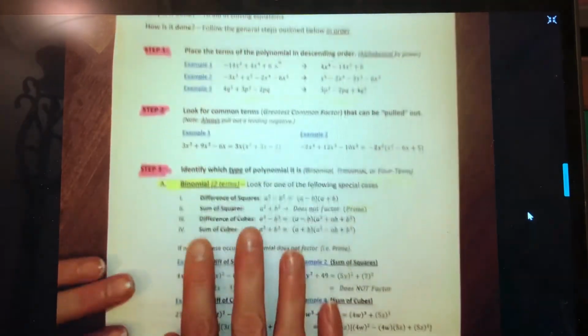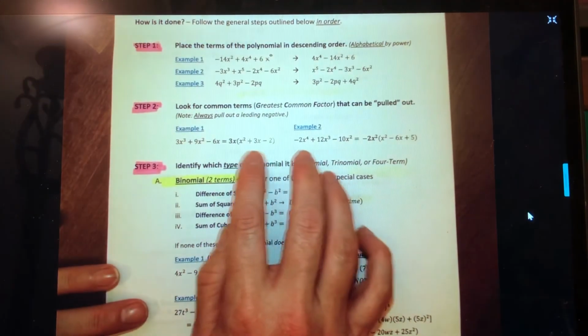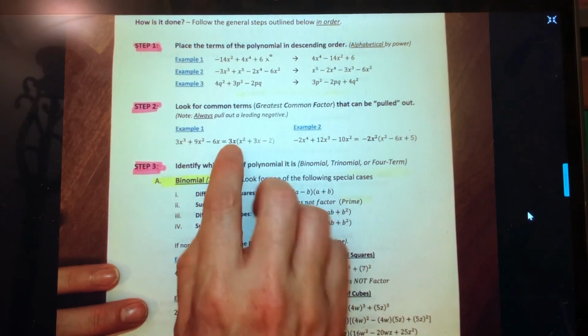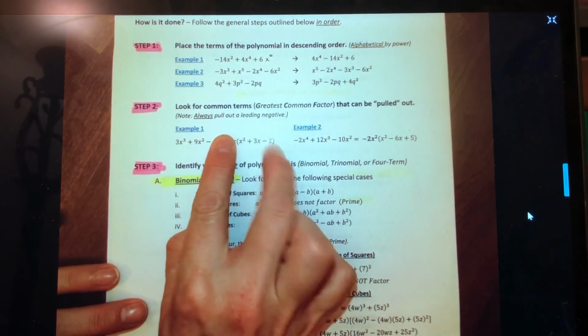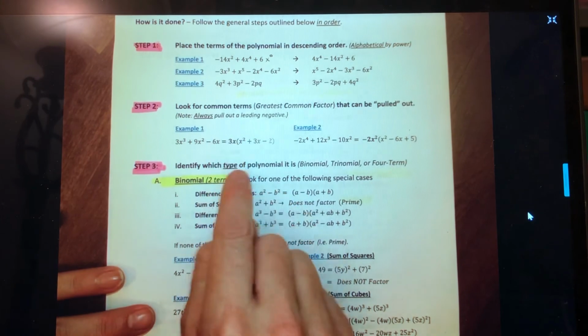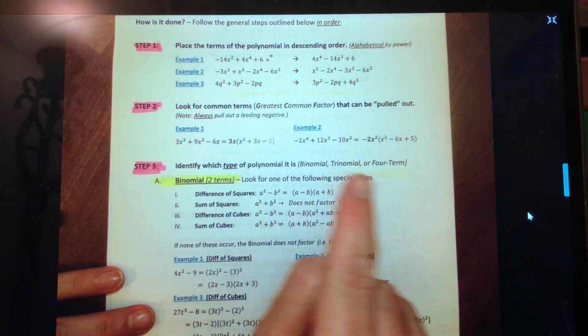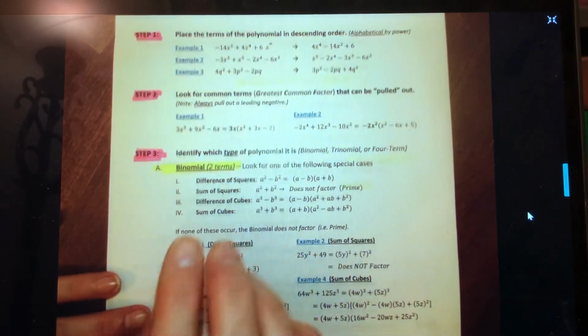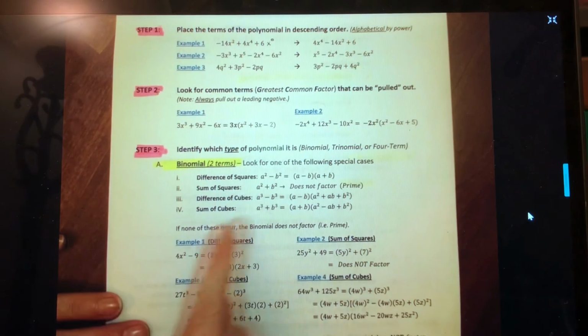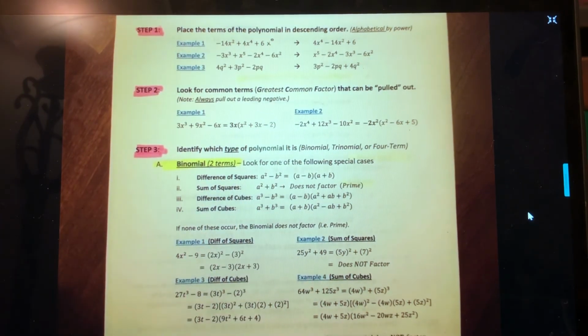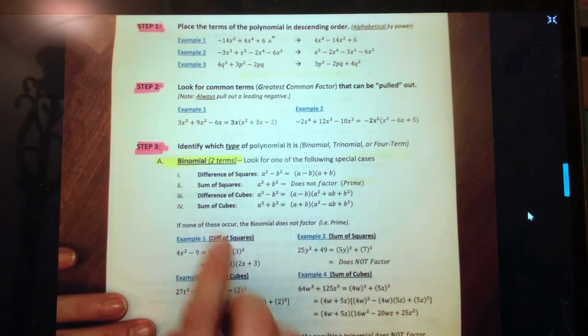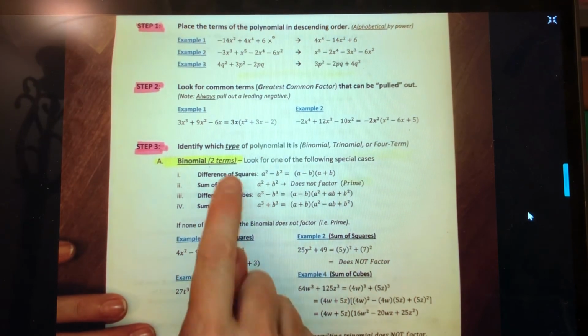And then finally, once you've done that, if you've pulled out a GCF or not, maybe this was my beginning problem that I had. What is it? Is it a binomial, a trinomial, or a four-term? And then depending on which one of those it is, you will go follow a specific approach. And there are subsequent videos on each one of those.